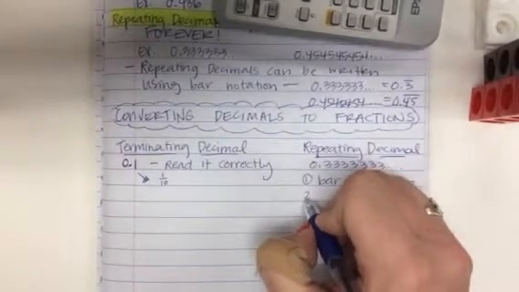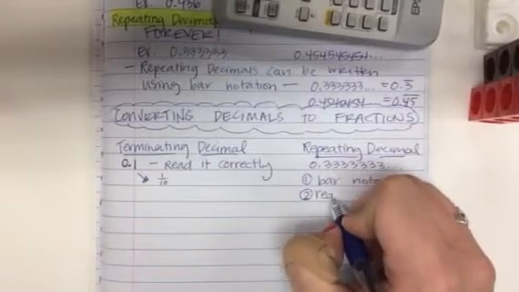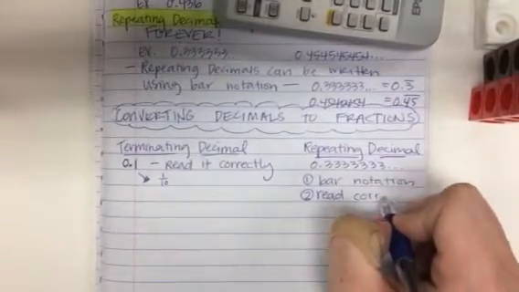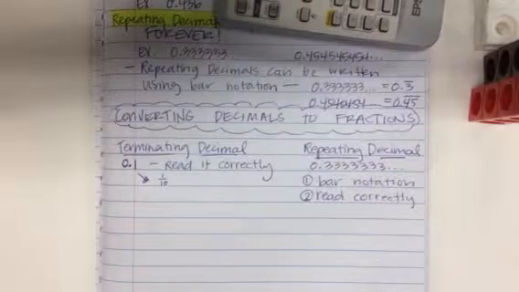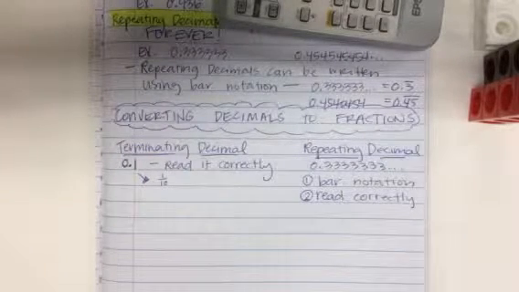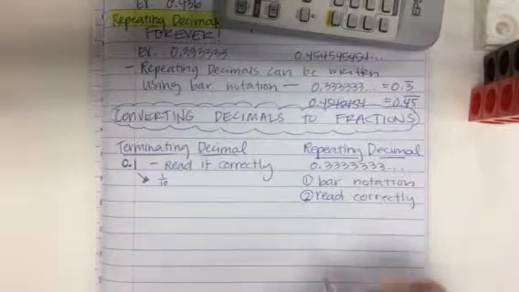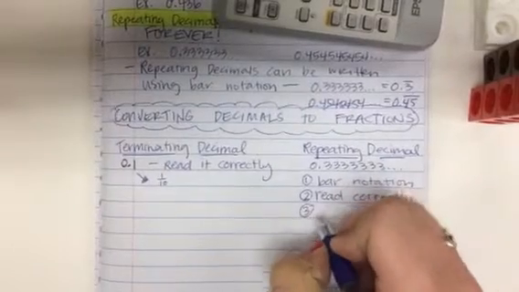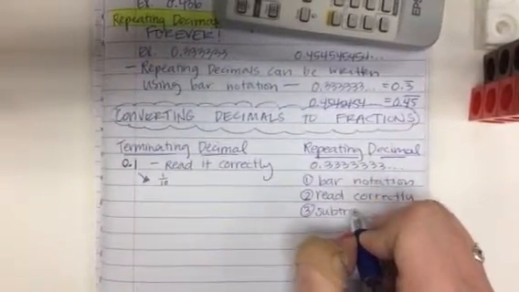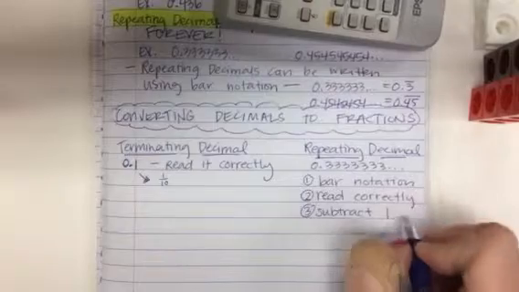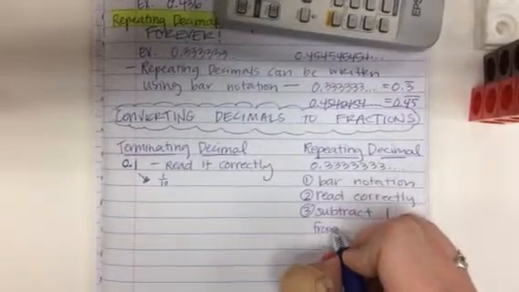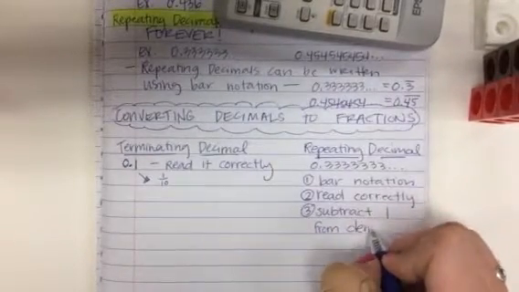After you write it in bar notation, you're going to read it correctly. And last but not least, you're going to subtract 1 from the denominator.